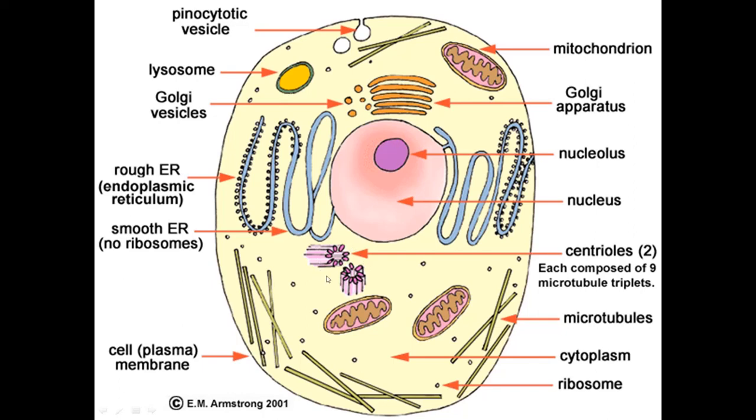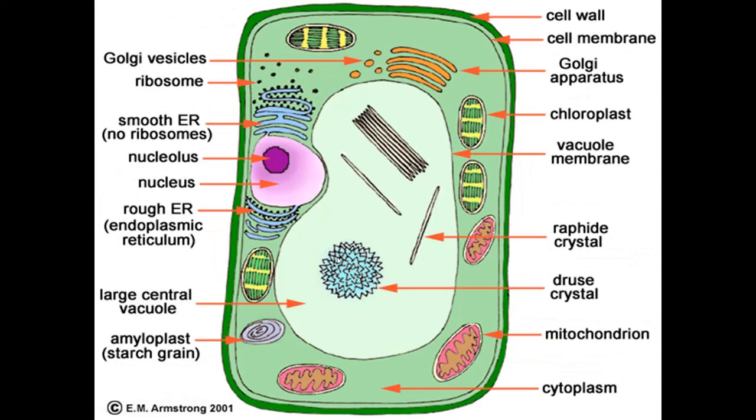Just below the nucleus there are centrioles, and it is 2 in number. 2 centrioles are present, but this is not found in the plant cell. You don't find any centriole here.